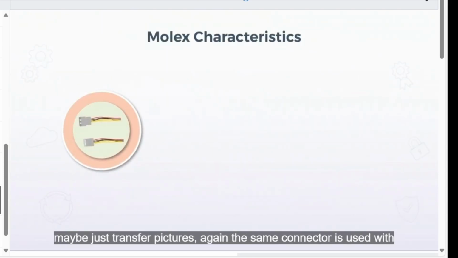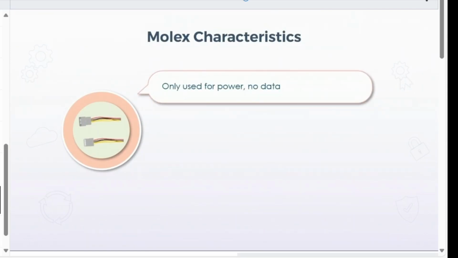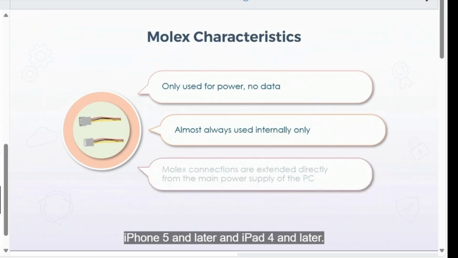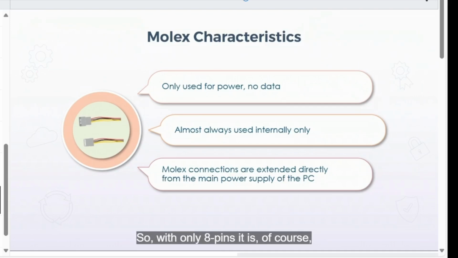Now, in terms of some of the characteristics for all Molex connectors, they are all used for power only. There is no data over any kind of Molex connector. It is almost always used for internal components. In other words, you would almost never see an external connection using a Molex connector. And in terms of where they connect on the other end, they essentially extend directly out of the main power supply of the PC.